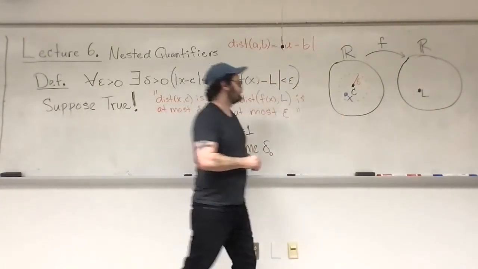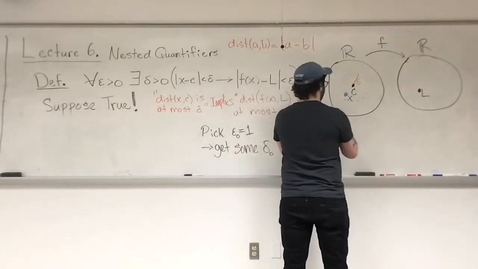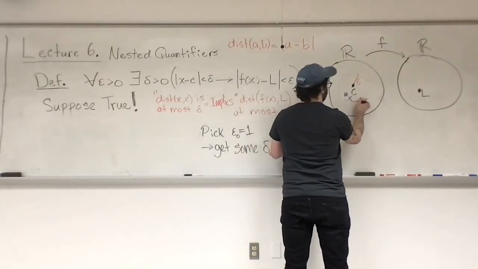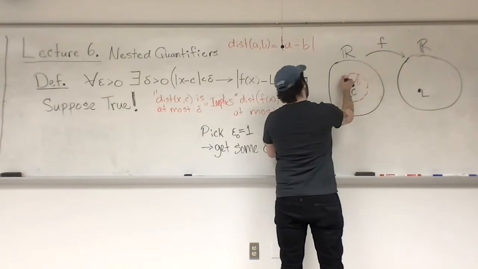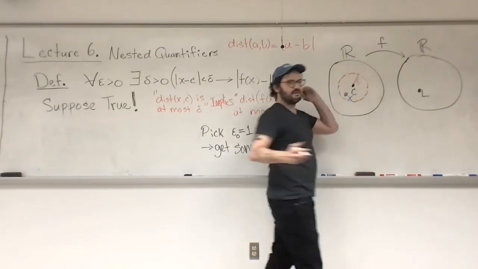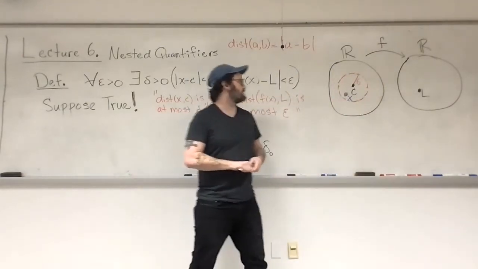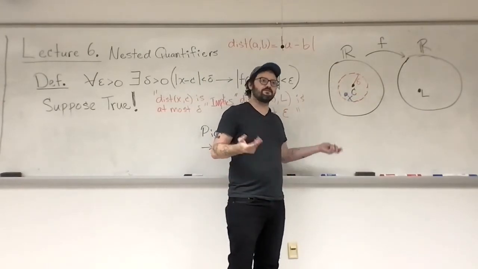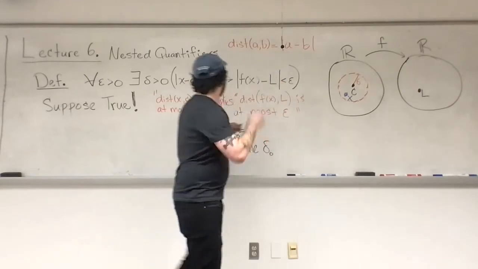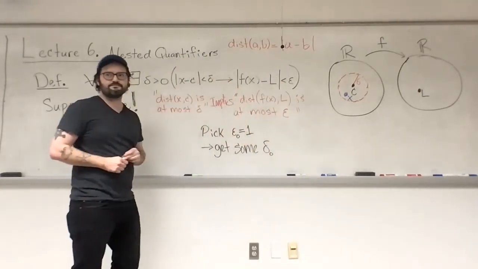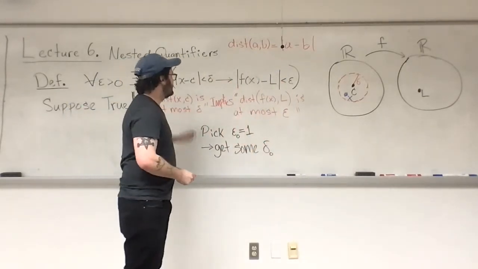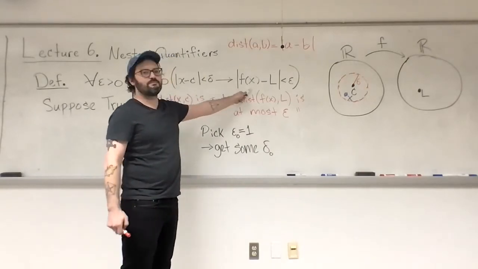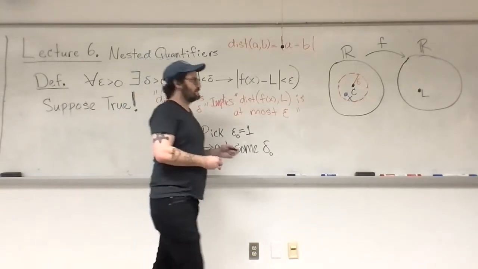And notice, hopefully everyone can see that there is a ball around C, and anything in that ball is within distance delta to C. So since X is in that ball, it must be within distance delta to C. So that X satisfies that. Okay, which means it better satisfy this.